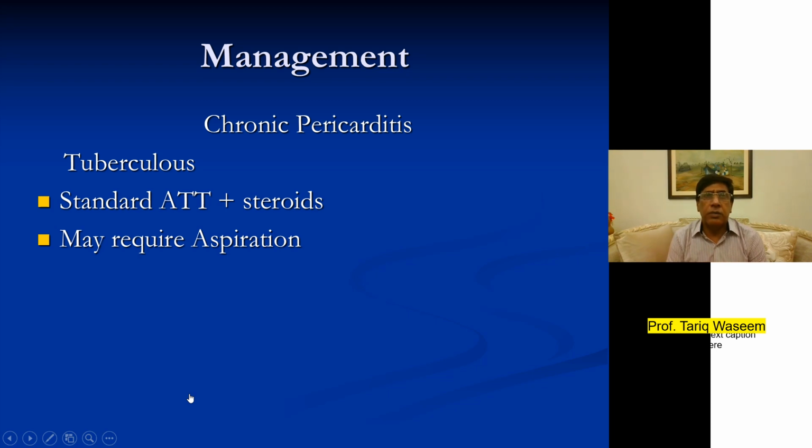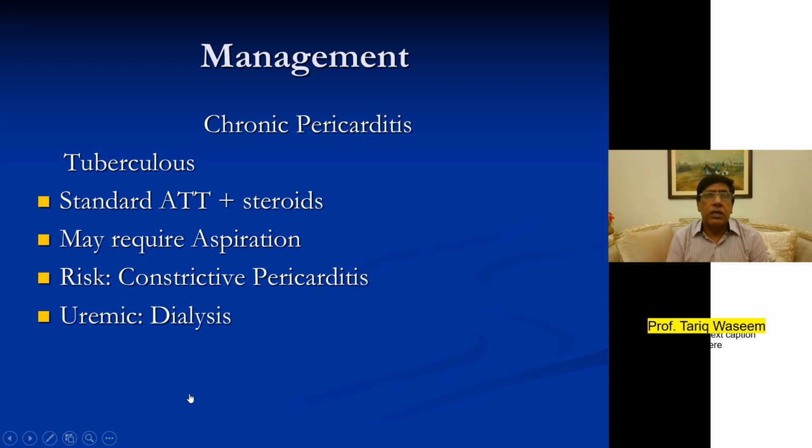Sometimes a large pericardial effusion may require aspiration, given the risk of this chronic pericarditis, particularly of tuberculosis, developing fibrosis and constriction, which we'll be talking about in a moment. As we mentioned, many times a patient with metabolic disorders like chronic renal failure or uremia may also develop a significant amount of effusion in the pericardium, and sometimes it may be to the tune of causing tamponade.